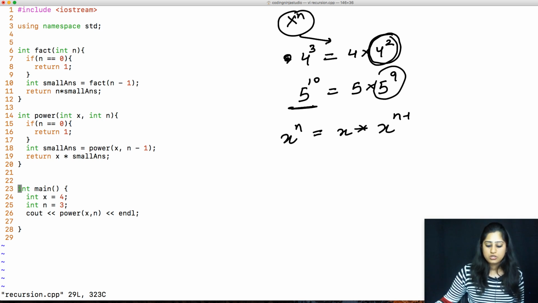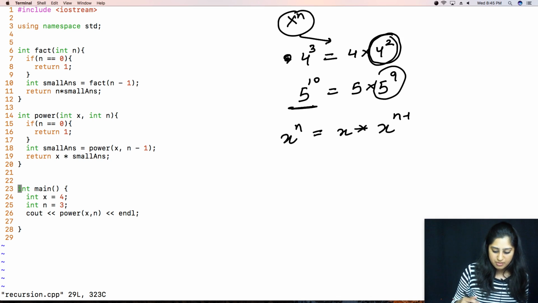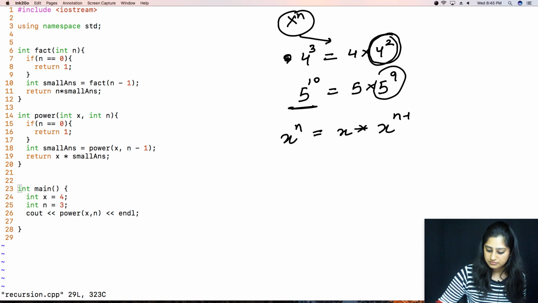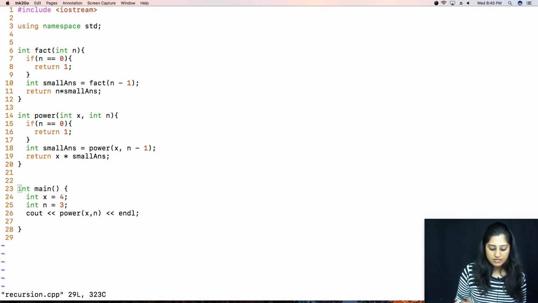So let's just come back to power, and we will test the working of power. Quickly dry run it. See why I am doing it, because ultimately all of us should understand how recursion works. But if we think too deep while writing code, we'll not be able to write it.